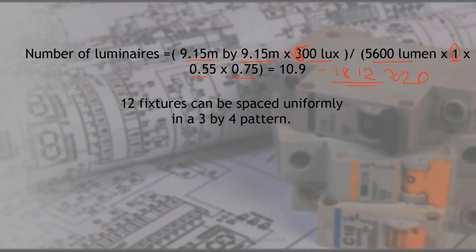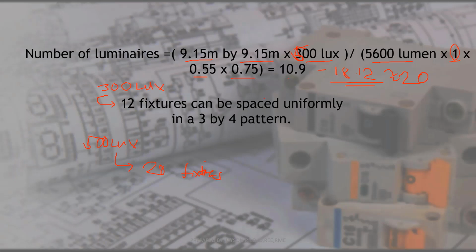So if it is 300 lux, 12 fixtures. If 500 lux, we are using 20 fixtures. Sir, why are you not using 19 or 11 instead?